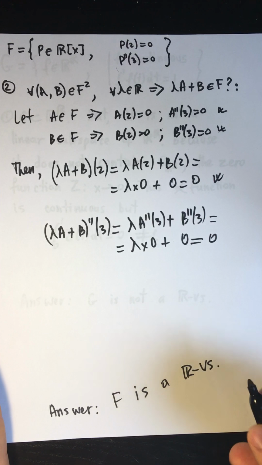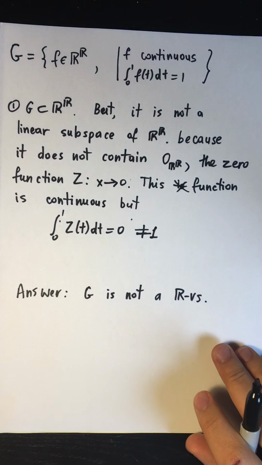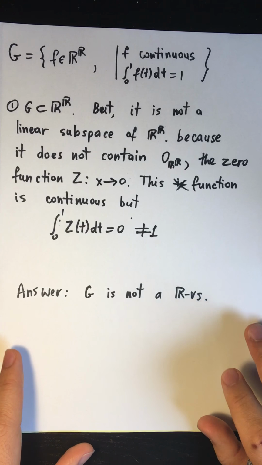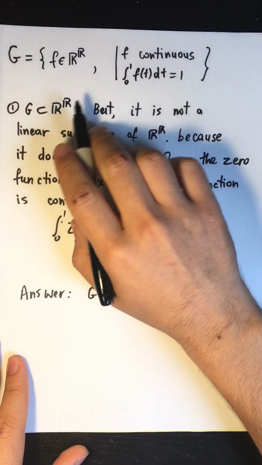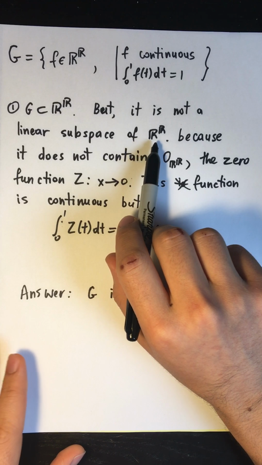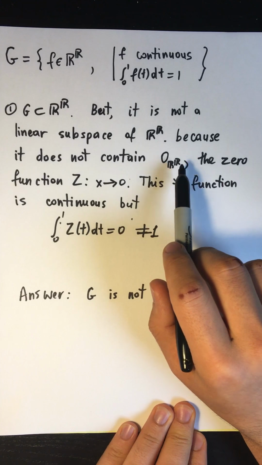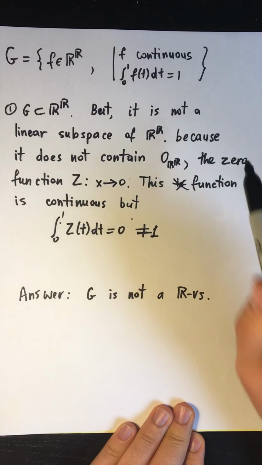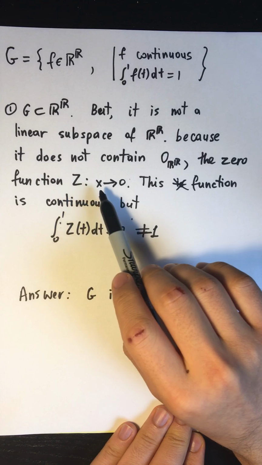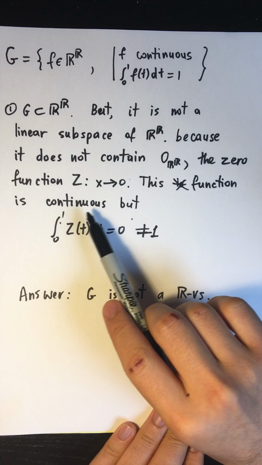But in this case we have another set G, and G is not a linear subspace of R, because it doesn't contain the zero vector. You might ask why. Let z be the zero function, x goes to 0 always, and this function is continuous.